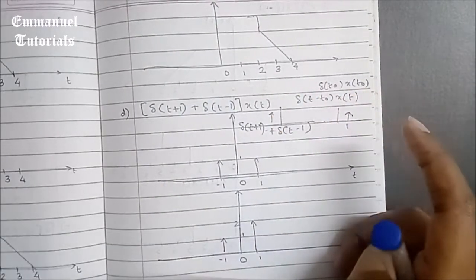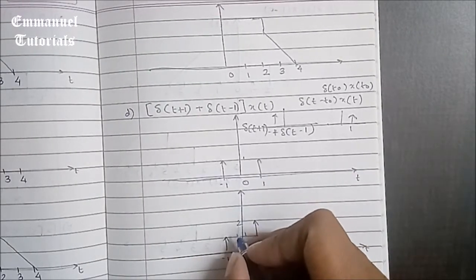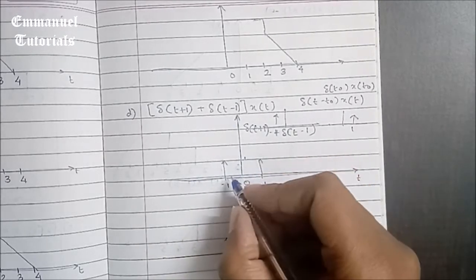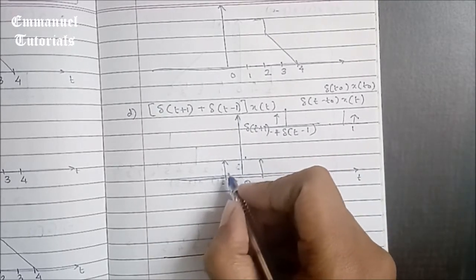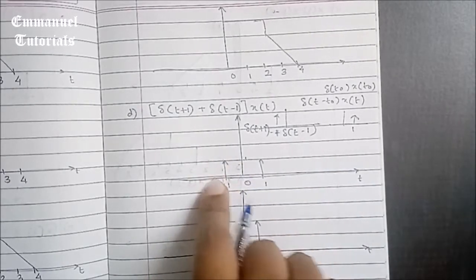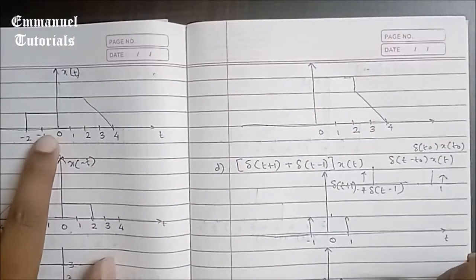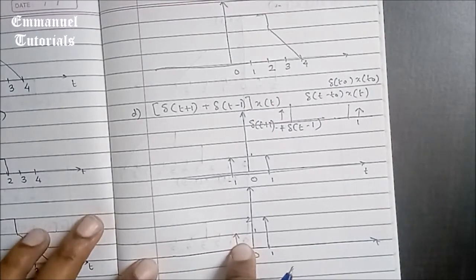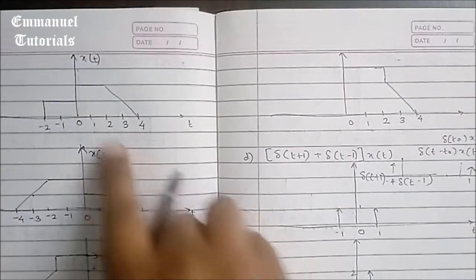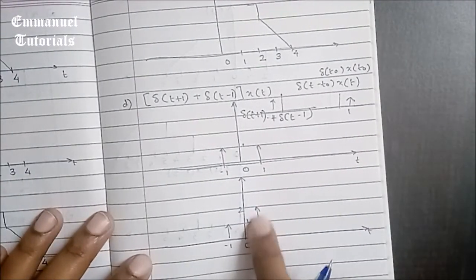So you can use this formula, or you can directly draw the amplitudes of the signal at these impulse points. That is, at minus 1 you have an impulse. You multiply the amplitude, which is 1, by the amplitude of the original signal. The amplitude of the original signal at minus 1 is 1. So our resultant signal's amplitude is also 1. At 1, the amplitude of the original signal is 2. So our resultant signal's amplitude is going to be 2, but it's an impulse signal.